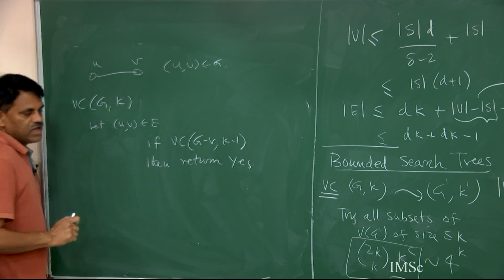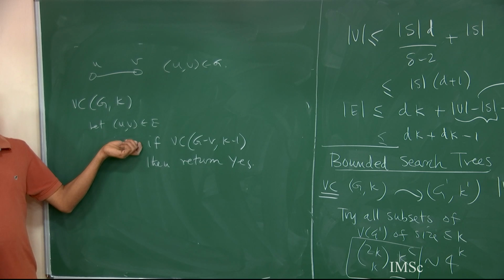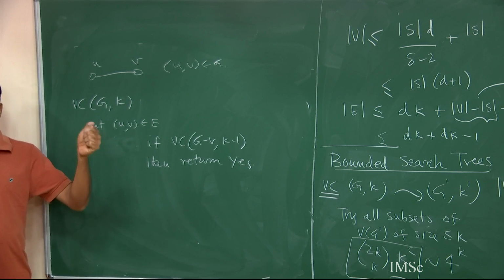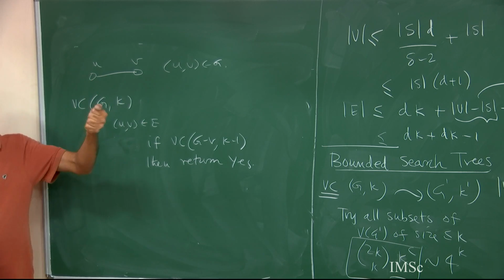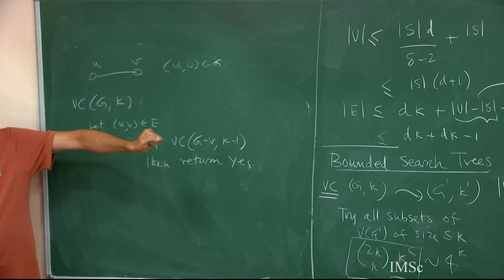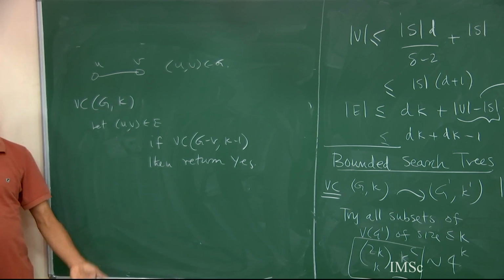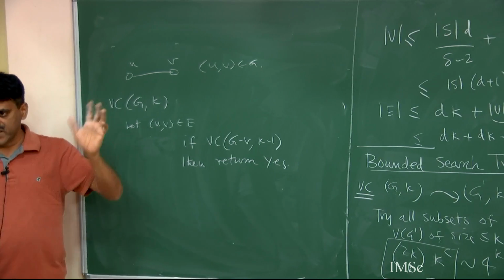So what is it saying? Is there a vertex cover of size k minus 1 in the graph you obtain after removing v? Because I'm going to say, let me try and include v in my solution, because one of these must be there. So let me take v and ask, in the remaining graph, is there a vertex cover of size k minus 1, recursively? If it comes back and says yes, then I have that k minus 1 plus this vertex is a k-sized vertex cover.